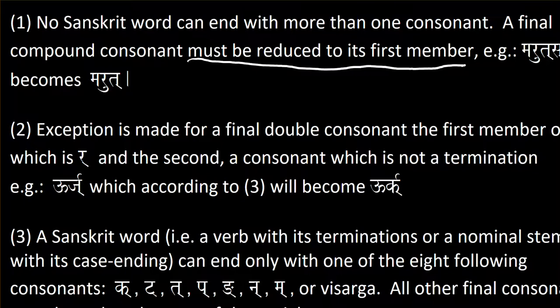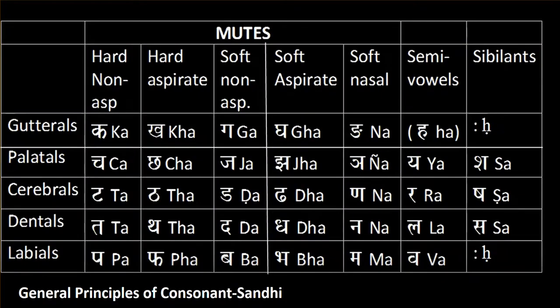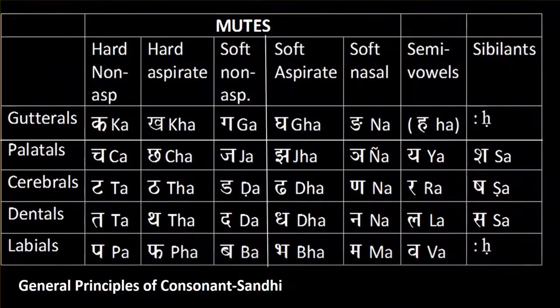We're going all the way back to that table, which is the foundation of everything that we have been learning in Sanskrit. It must be reduced to its first member.